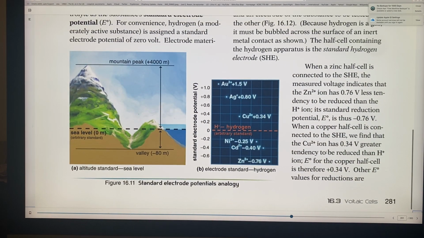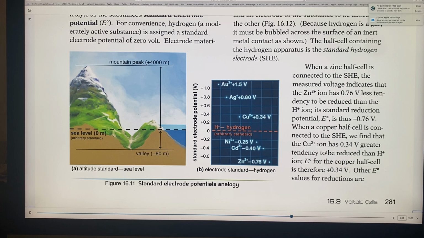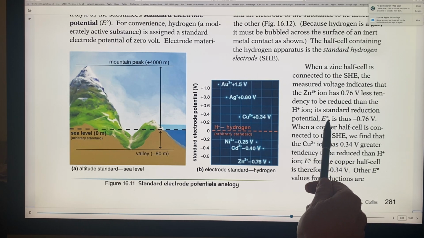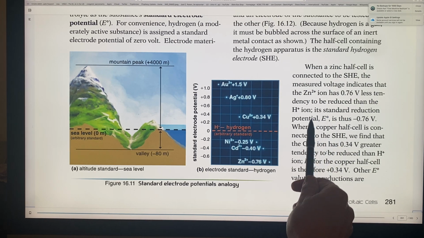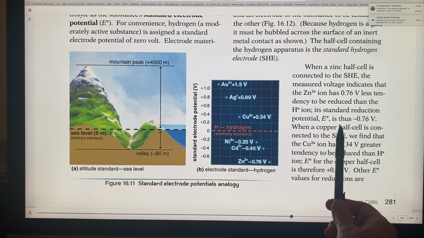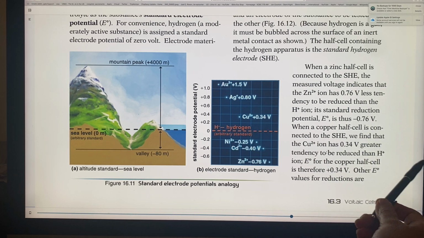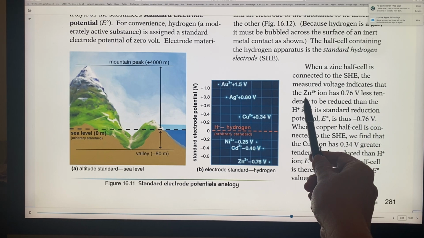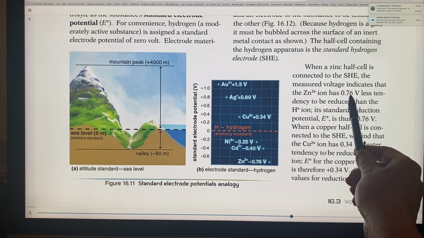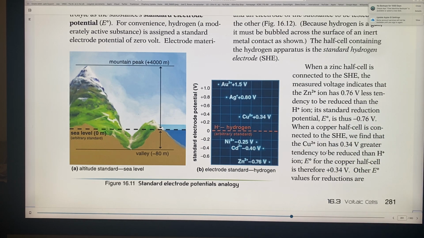Bubble it through. And they're going to measure this standard again in this E, E with a little degree, the E degree. Thus, 0.76 volts is for zinc. Zinc ion has 0.76 volts less tendency to be reduced than the hydrogen ion. So its standard would be what?